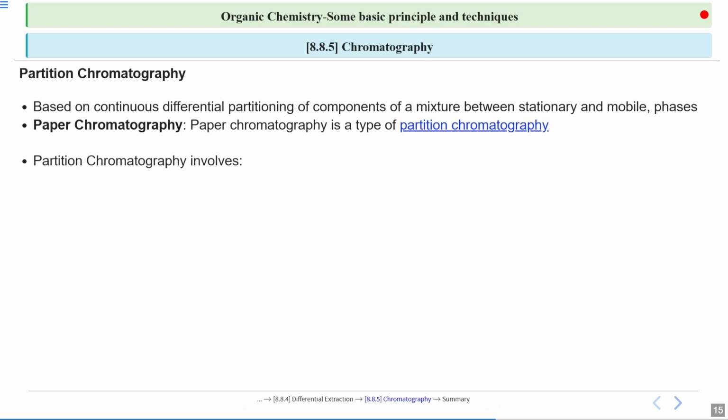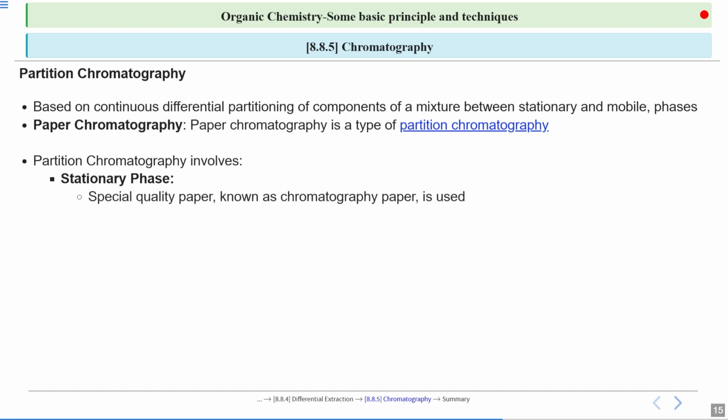What does it involve? The first thing is the stationary phase, of course. It is a special quality paper known as chromatography paper which is used. In that stationary phase, water molecules are trapped within the paper pores, and that will act as the stationary phase.